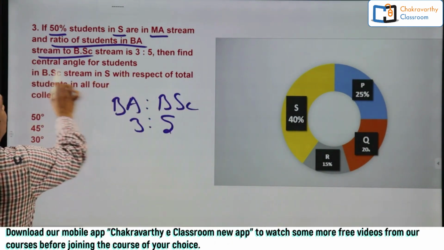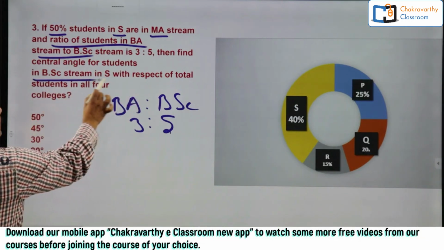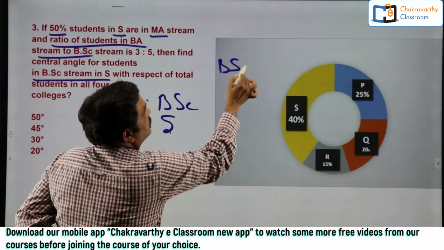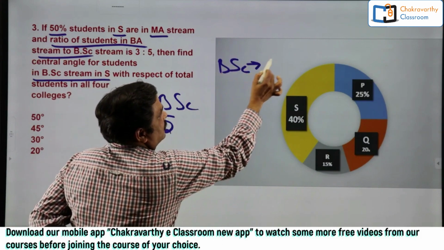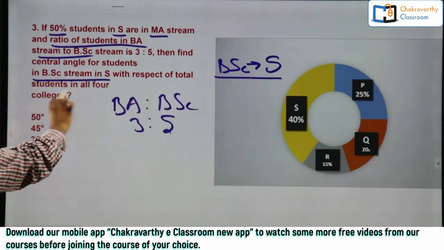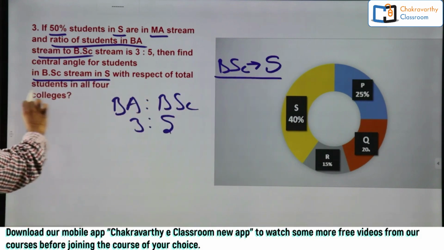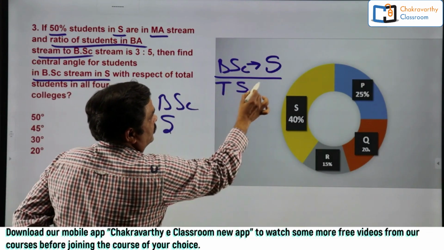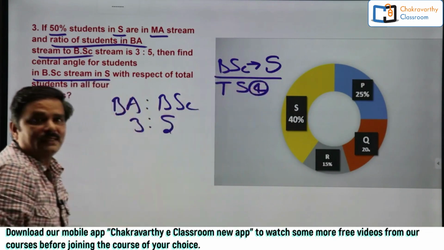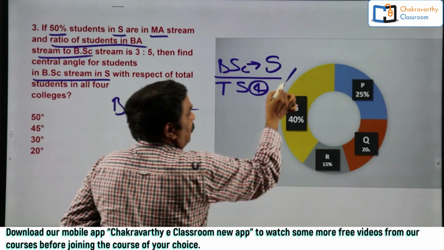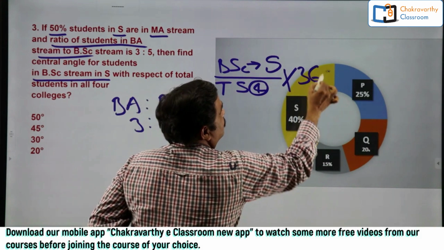BSc stream students of college S divided by total students in all the 4 colleges, but I have to show the central angle. How to show that? Multiplied by 360 degrees, that's it.